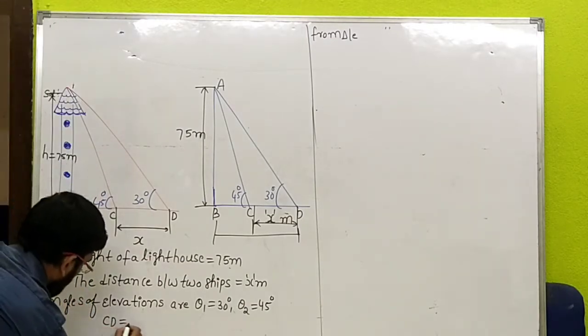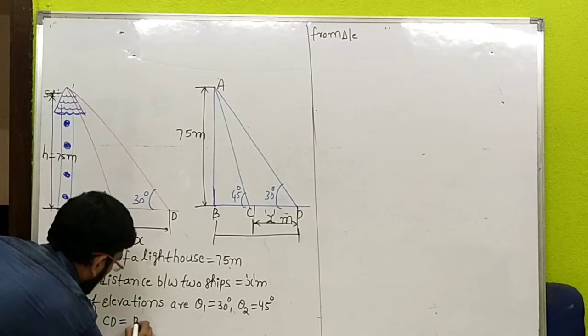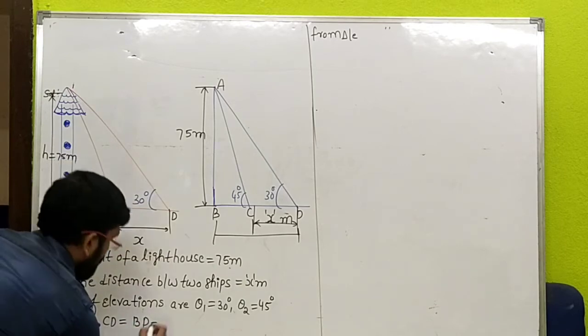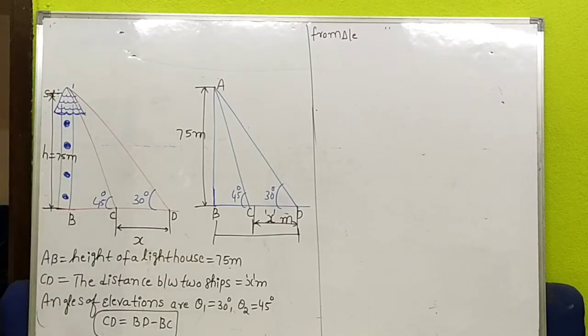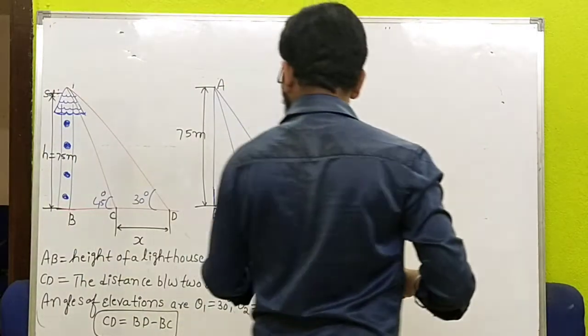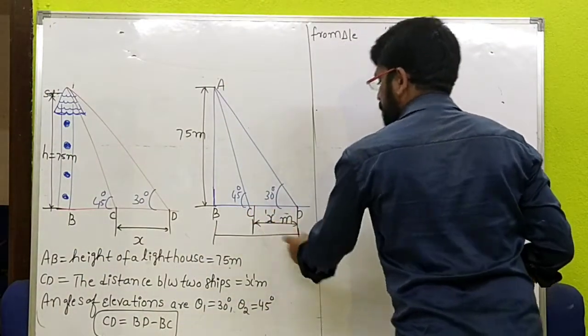CD is equal to BD minus BC. So CD equals BD minus BC. Then only you will get CD.